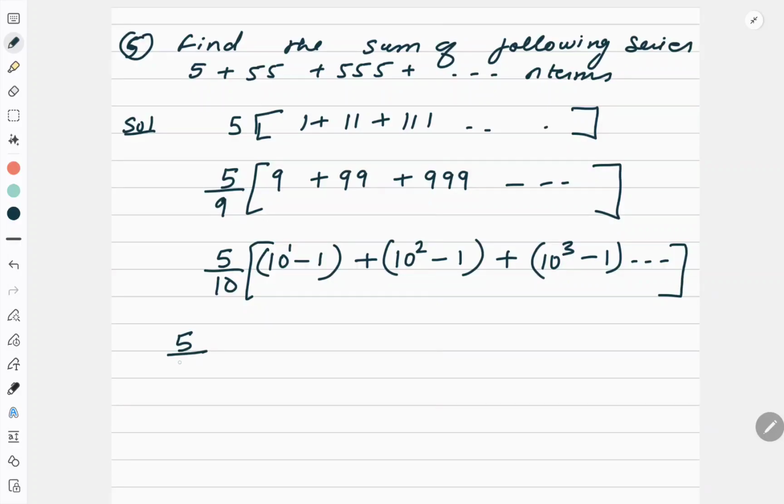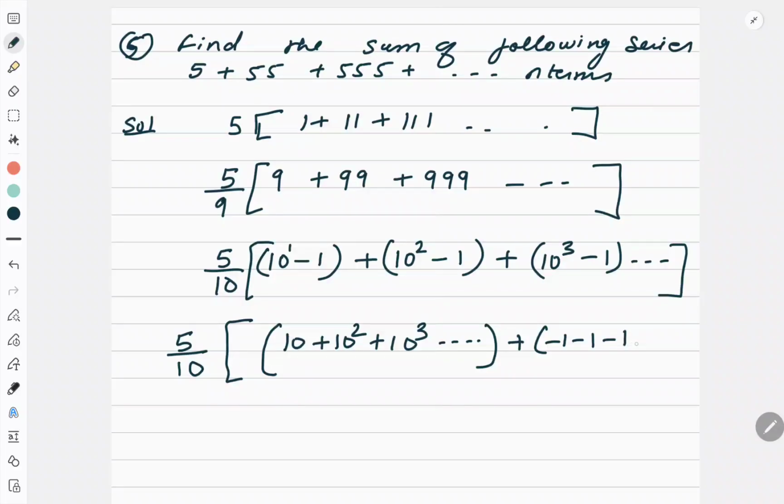Now 5 by 9, and inside this square bracket I can create two brackets. One bracket is 10 plus 10 square plus 10 cube and so on, and another in which it will come minus 1, minus 1, minus 1. How many terms? n terms. Correct?